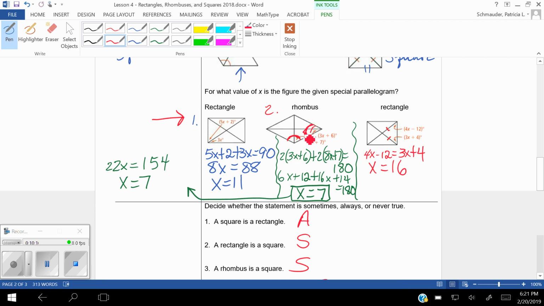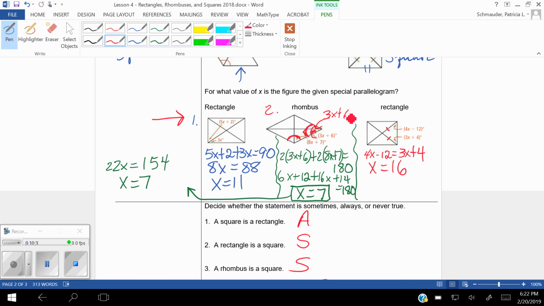Because I know a rhombus is a parallelogram. So I also know that because it's a rhombus, the diagonals bisect those two angles that I have marked. So each piece of it, in other words, if this little piece right here is 3x minus 6, plus 6, then that little piece is 3x plus 6, because the diagonals bisect the angles of a rhombus.